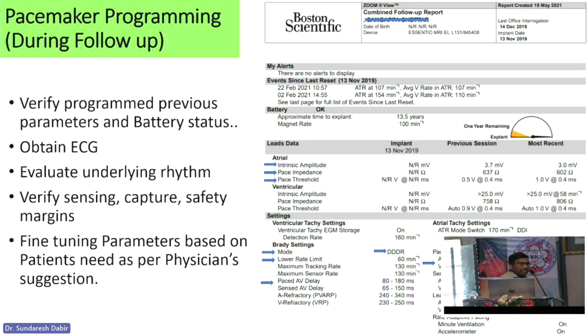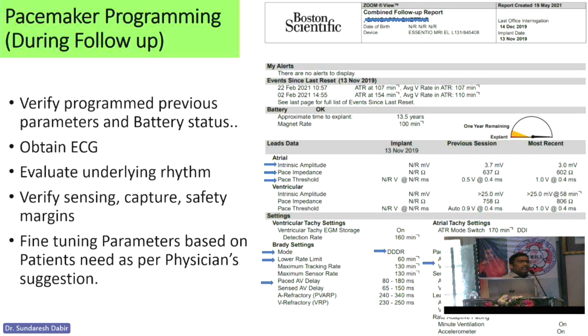So understand all these complications. Make sure it's all in your hand how to take care of the pacemaker patient during programming. It's a very important thing. As per physician suggestions, we should always take their inputs, and then accordingly do the parameter settings.